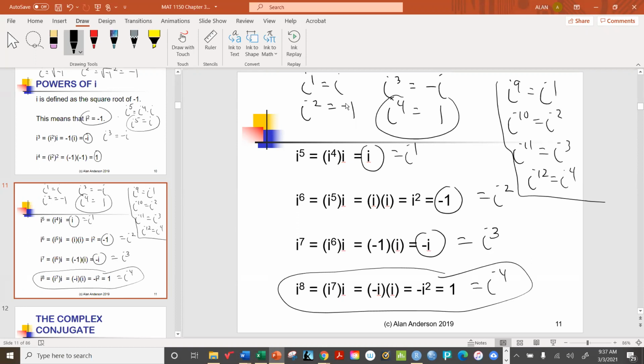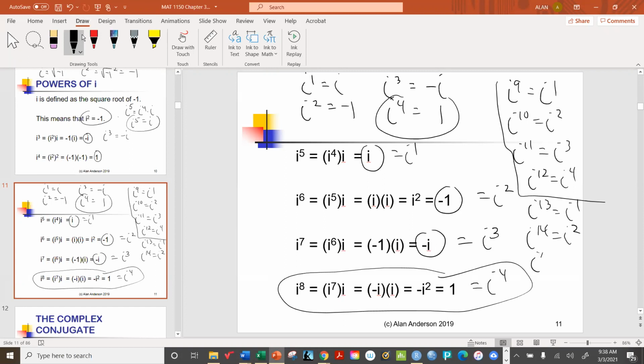I just wanted you to see that it goes through this cycle. Now, again, i to the 13th would be i to the first, i to the 14th would be i squared, et cetera. But yes, you're right. i to the 8th is 1, and so is i to the 4th. Okay, cool. Thanks, Professor.